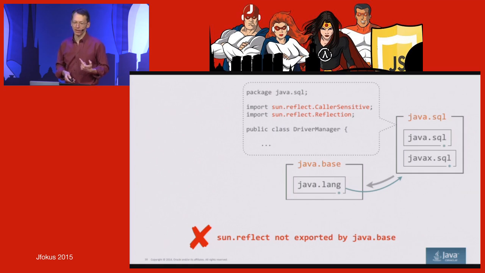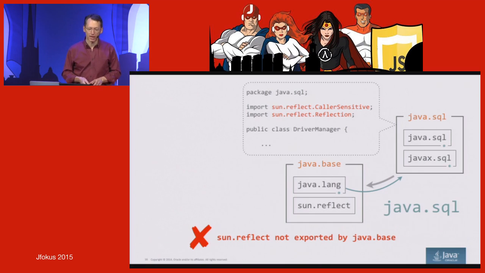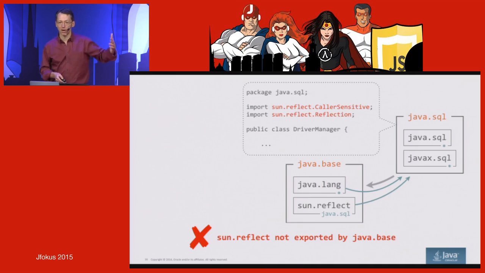We don't want to make sun.reflect available to everybody. To solve this problem, we just want to make it available to the SQL module. So we do that by exporting it only to the SQL module. So here the sun.reflect package is being exported to java.sql. That will work. But if some other module, even another module part of the JDK, tries to use sun.reflect, it will fail.